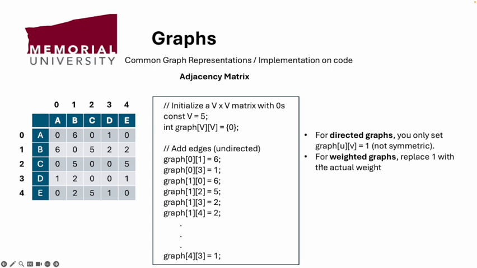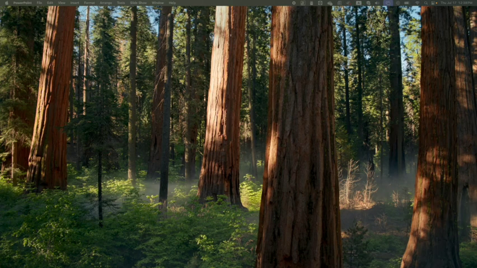Okay, so they have a direction. You only allow assigning, for example, from A to B. You only allow assigning A to B. There's no B to A. Okay, so that's what I mean. Sorry, so this is not symmetric, that's why. For an unweighted graph, it will be 1, and for a weighted graph, replace 1 with the actual weight.